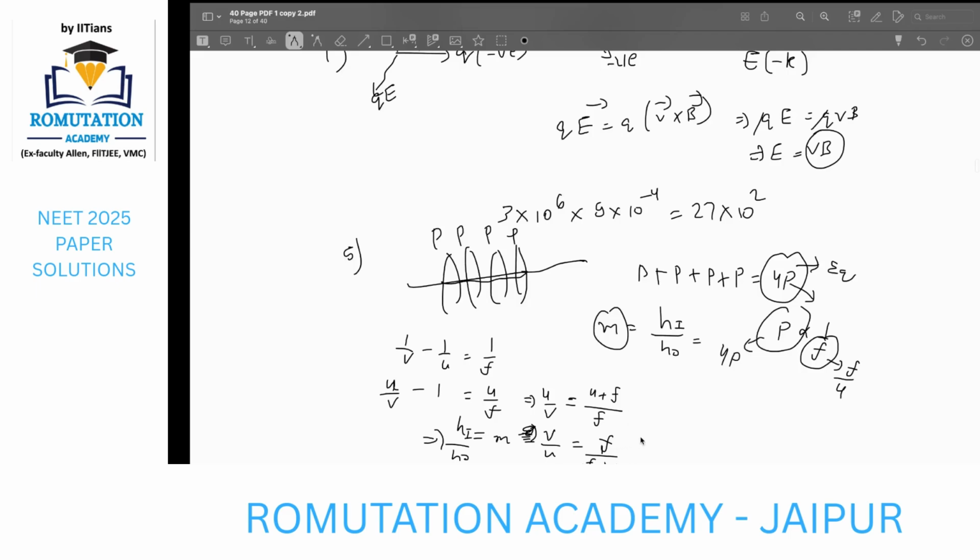So if that is the case, can I also go on to write this as 1 plus u by f, right? Because the same u has to be used in this case. If you just want to analyze the focusing power of a lens, then generally we do expect this for the same position of the object, right?